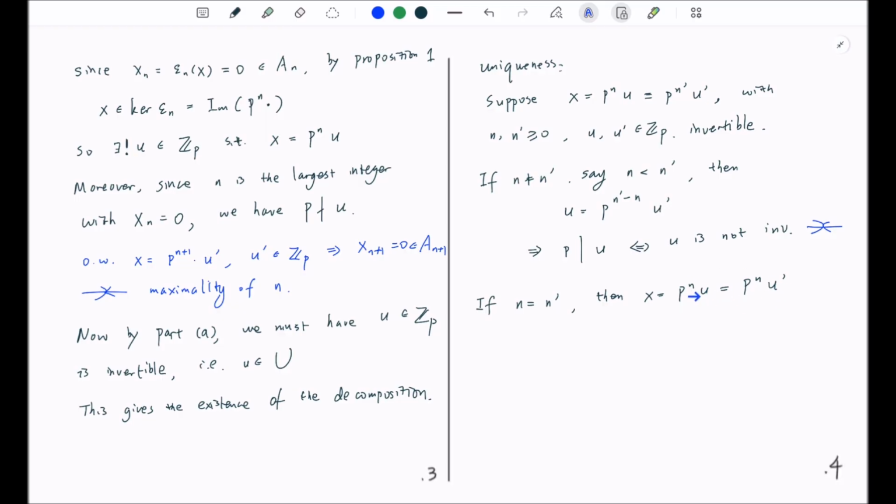That is because this u, once we have fixed n to be the same, must be uniquely determined from here because of the injectivity of the multiplication by p^n from proposition 1. And this verifies the uniqueness and therefore the whole proof.